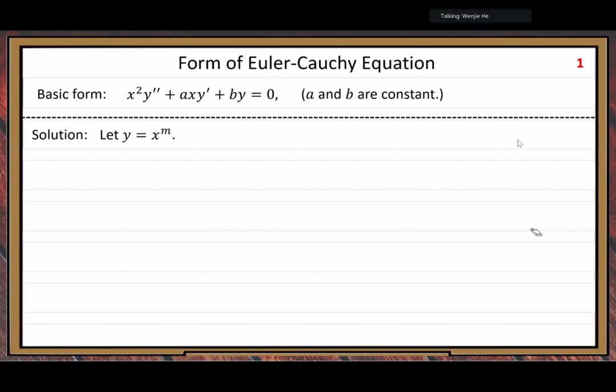What's the difference between a monomial and a power function? For monomials, the exponent must be a non-negative integer. But for the power function, m is not necessarily an integer. It could be real numbers, or any number, even complex numbers. So it's a power function form.